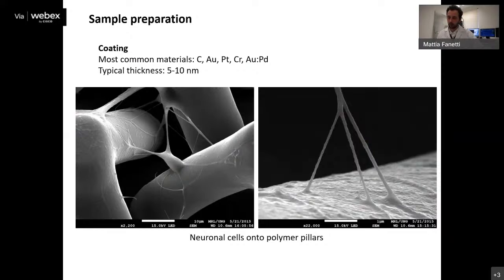Typically, you don't do this for material science. But anyway, after this, you also have to coat the sample with some metal or some carbon in order to make it conductive. Otherwise, you cannot watch. And these are the images after coating, in this case with platinum.